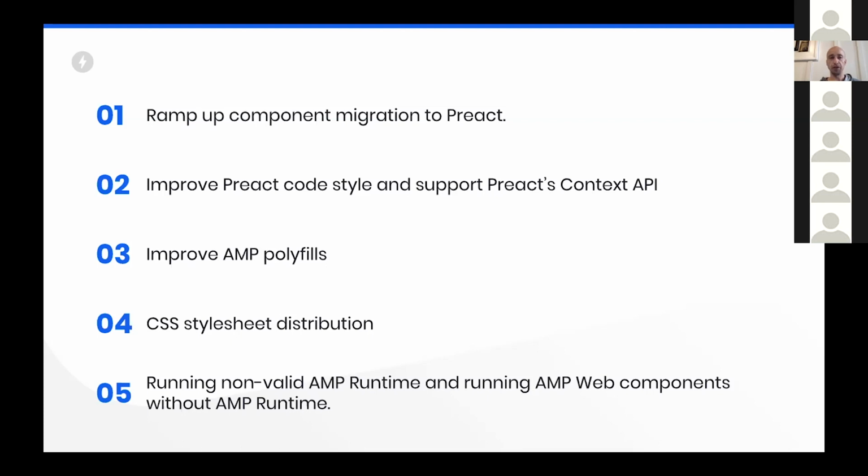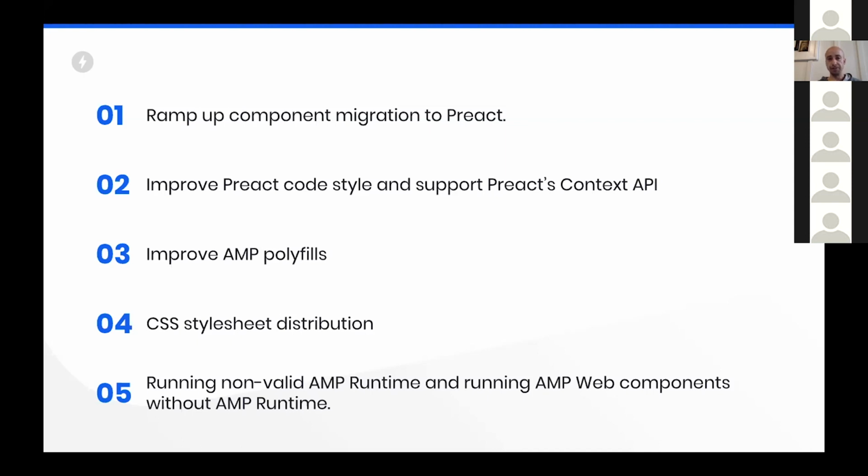If before we usually would wrap a polyfill in the AMP world in a service to make sure that it can be uploaded dynamically, here we need to make it available right away so that Preact doesn't have unnecessary dependencies.